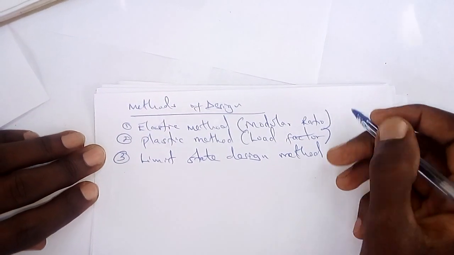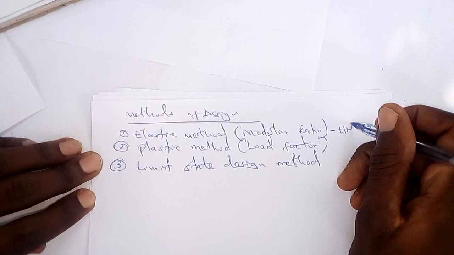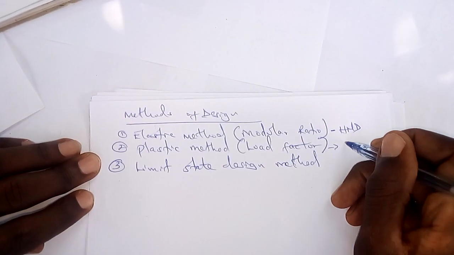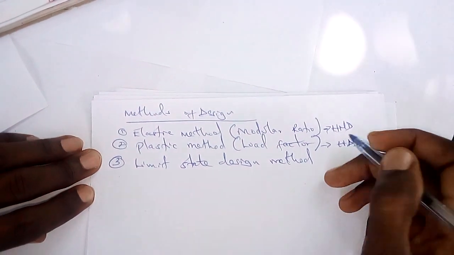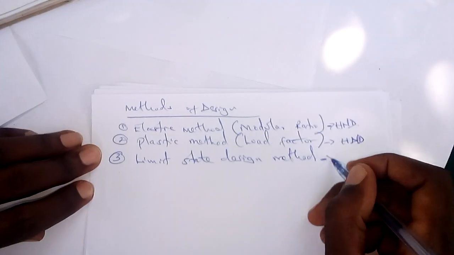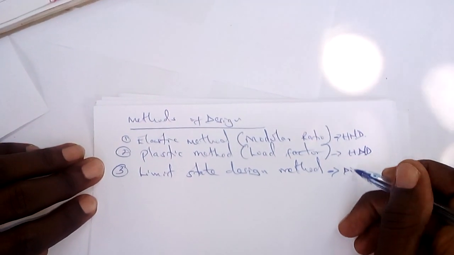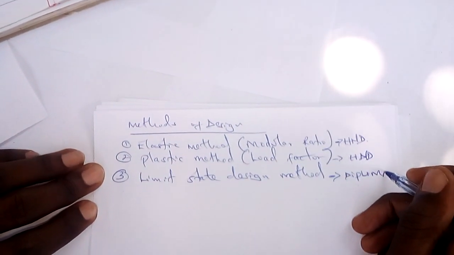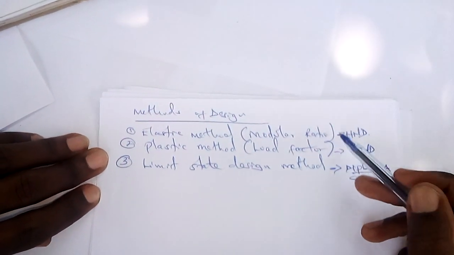And this is for the elastic method. This is for HND, Higher National Diploma, and this one is normally used under diploma. So we are dealing with these two.